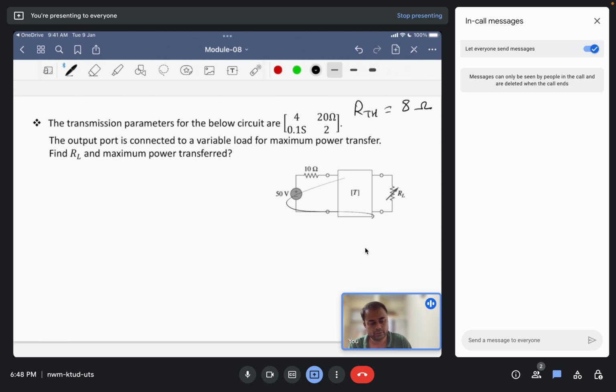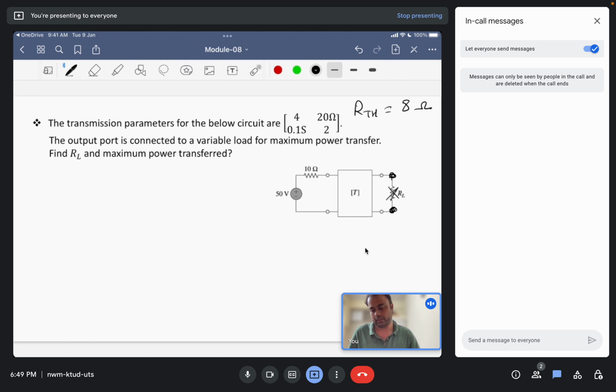In case of VTH, you have to find the voltage here at these nodes. There is no resistor, just open circuit it and find the voltage. So let us find VTH.